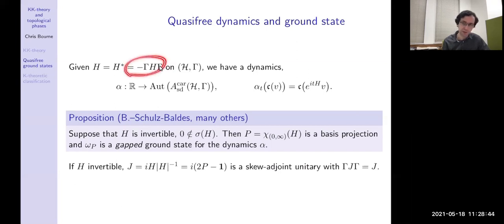If you have that, then you can easily define a dynamics or time evolution on your self-dual CAR algebra by taking the time evolution of the vector inside. And you can see why you need this condition, because we want e to the itH to commute with the real structure.